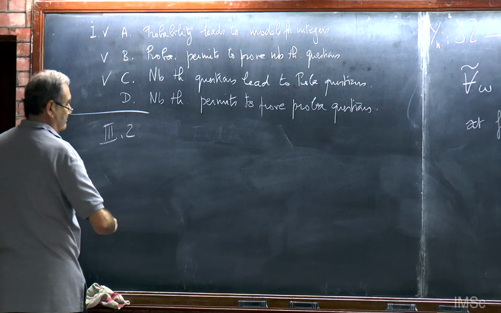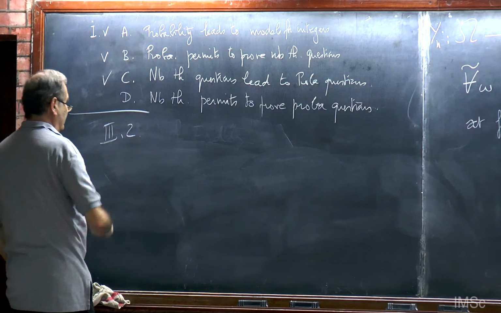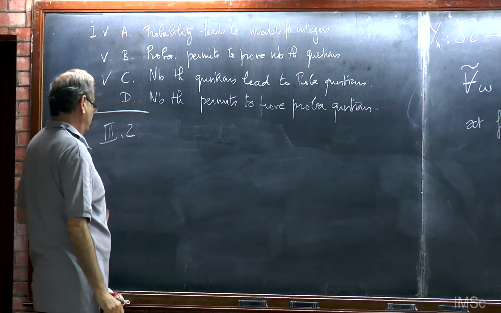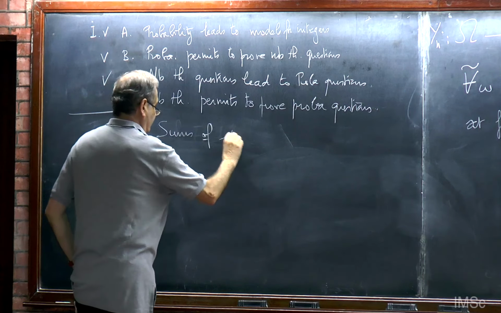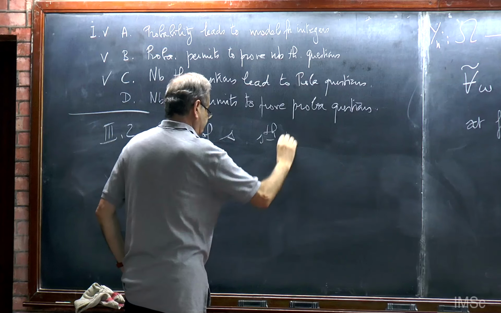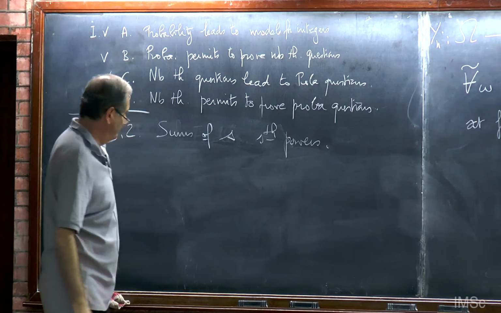So the last thing I want to tell you is sums of s powers. This is not very nice, but I should say sums of s integers, which are each an s-th power.